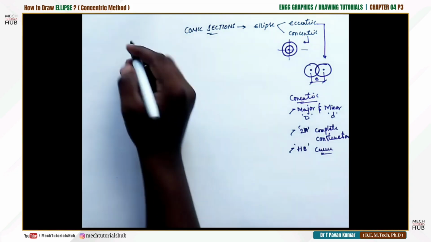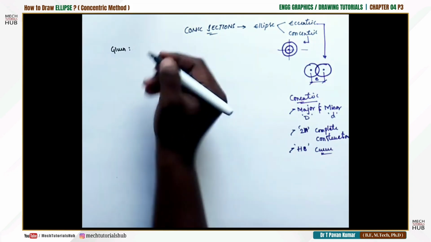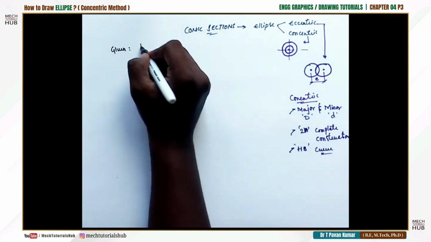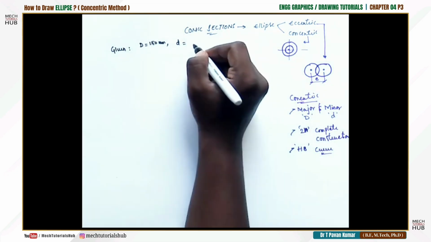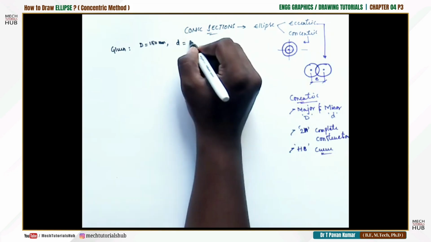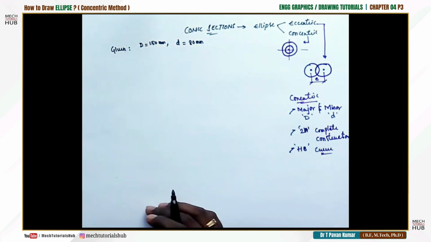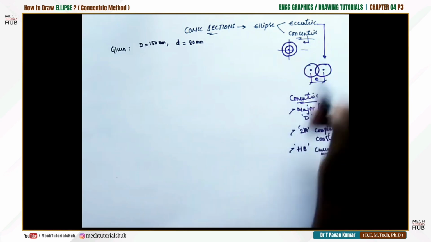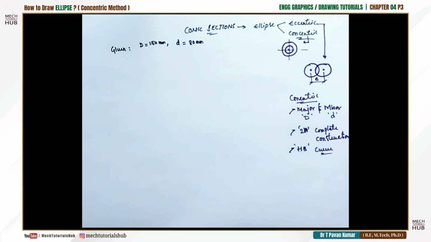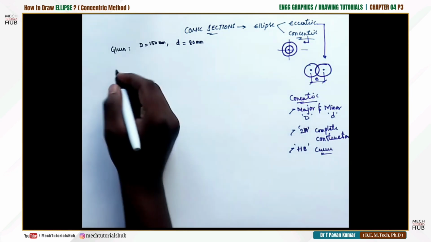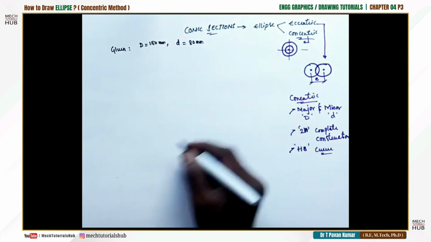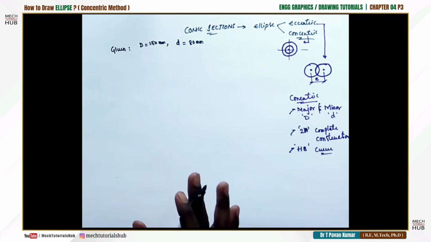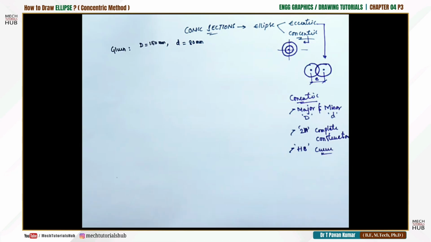Let us consider the given data as capital D equal to 150 and small d equal to, let us consider, 80 mm. Roughly I'm considering two values. He's asking to draw an ellipse by using the concentric method. If that is the case, then in a similar fashion I'll try to draw the major diameter circle and the minor diameter circle concentrically, which will share the same center.